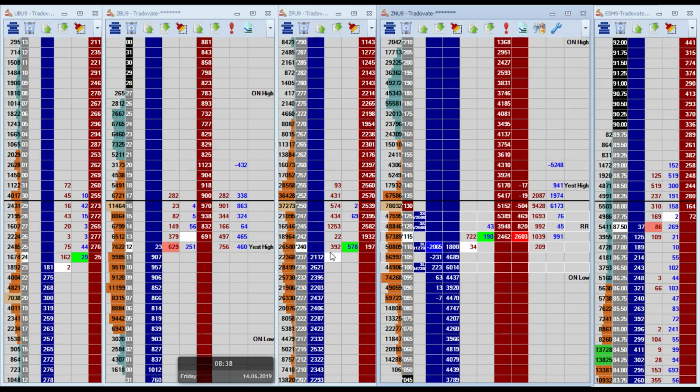Five-year's pushing lows. Bonds are pushing the lows of the move. They haven't let up.